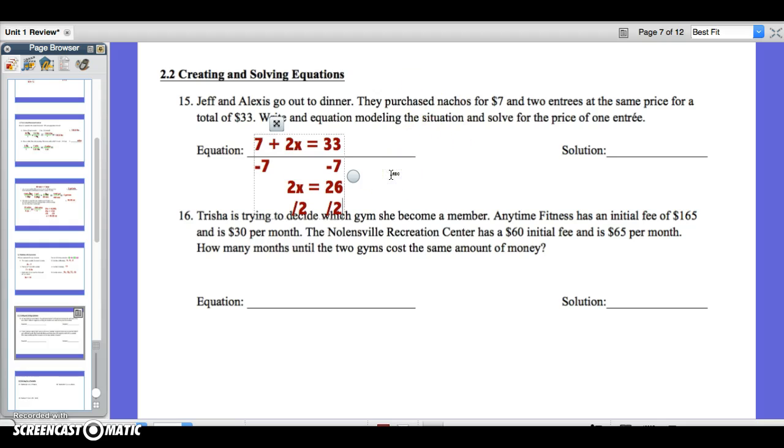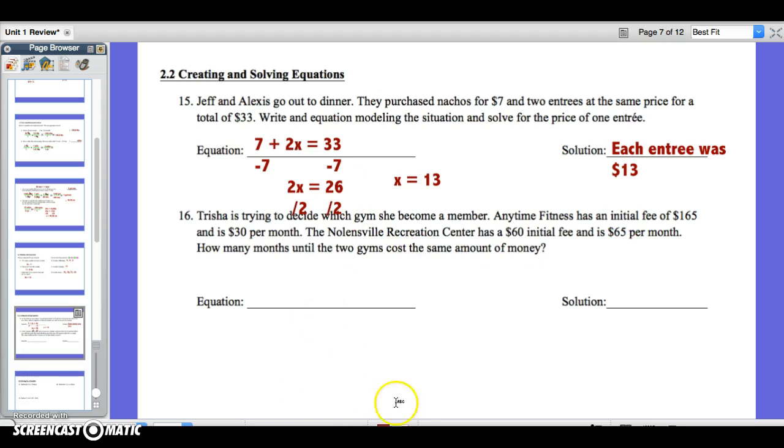And then I can simplify that and find that x is equal to 13. Now this means that each entree was $13. And I like to write this in a complete sentence because it actually makes sense of the problem and says, hey, x stood for the entree price, and here it is.